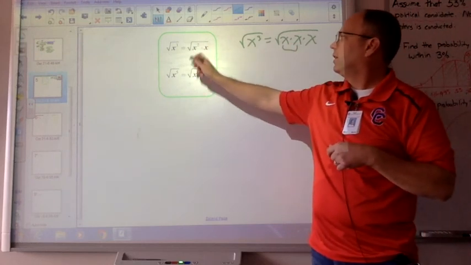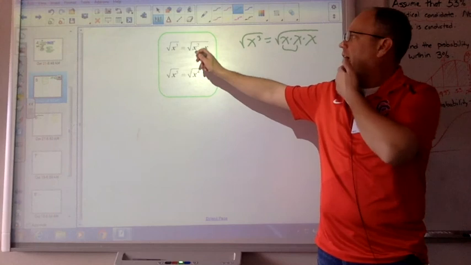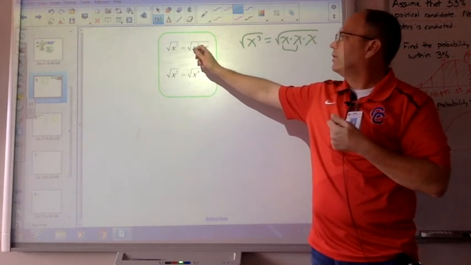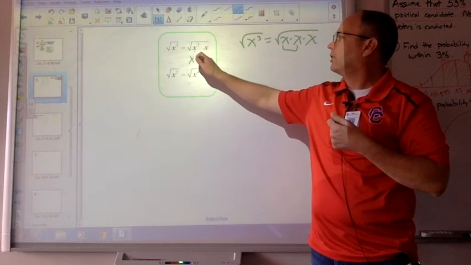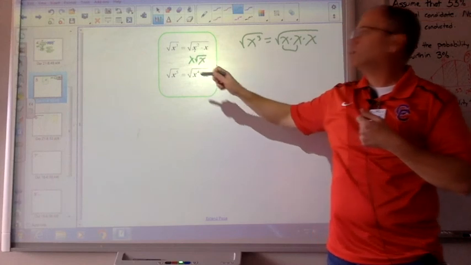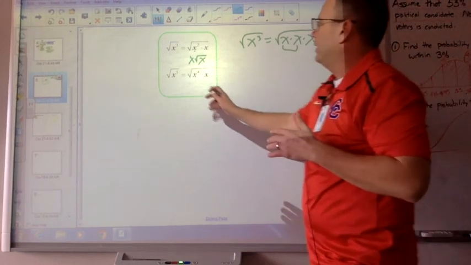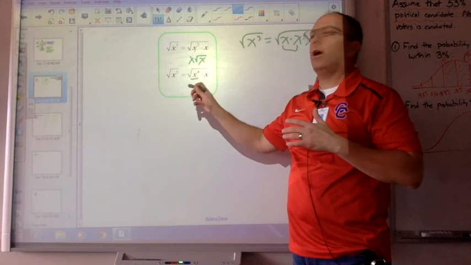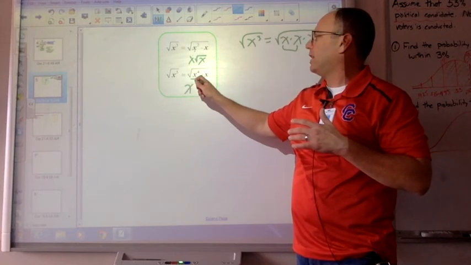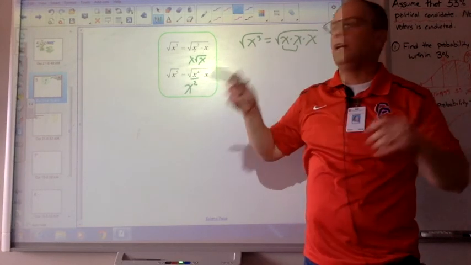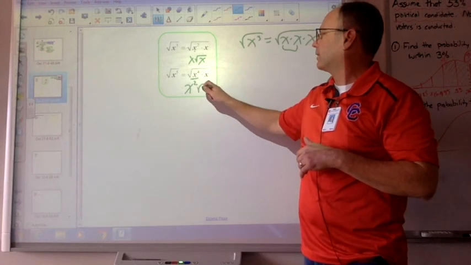And then you have to realize, hey, I can break down this. I can get x square root x for an answer. Why? I had x squared. I had x to the even power, so I'll take half of that. And then this one. So I take half of x to the fourth, and I get x squared. That's outside. If I take square root of x to the fourth, I get x squared. And I'm left with x.